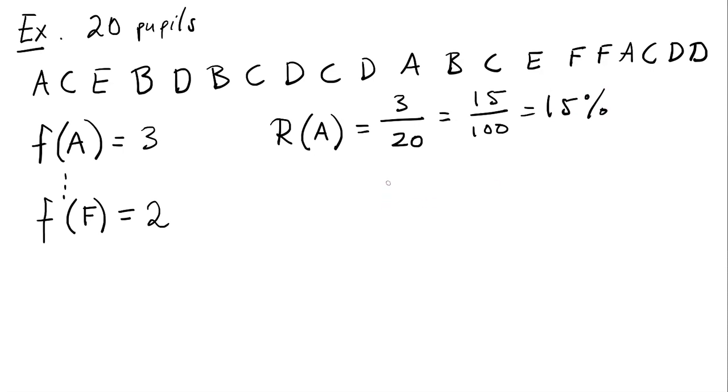So 15% of the data are grade A. Then we can do similar for all the grades, but let's just do the last one. So the relative frequency of grade F, let's look here, they had 2 F's out of 20. So this is just 10%. So this is how you can calculate frequency and relative frequency of a data set.